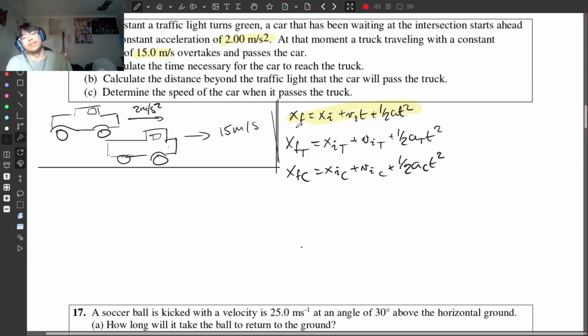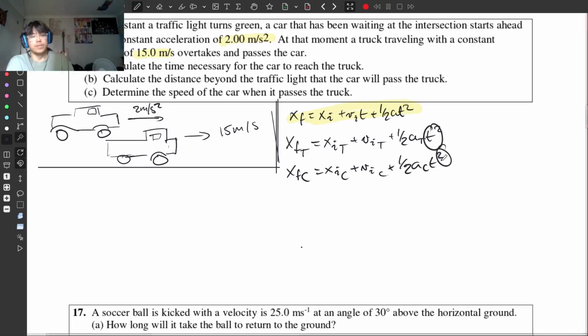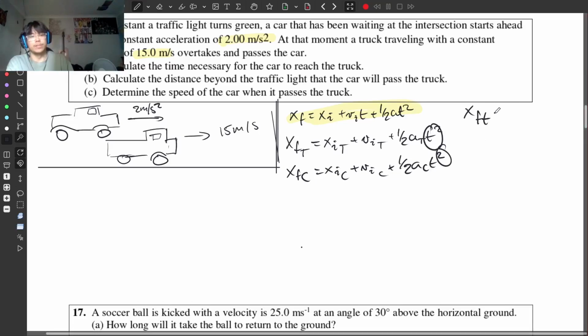The reason why I'm doing this is just so we can specify each quantity that pertains to each vehicle. And what we want to find is the value of t such that x f of the truck is equal to x f of the car. So the final displacement of the truck is equal to the final displacement of the car.